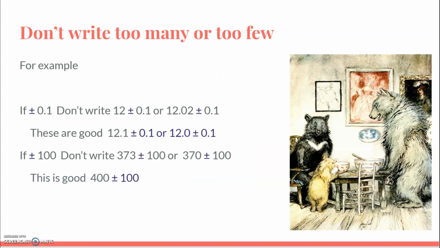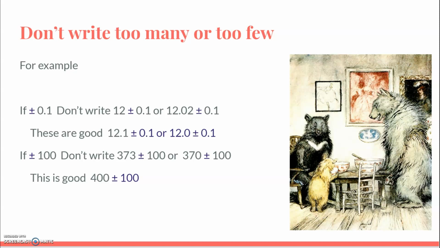We also know that we're not supposed to write too many or too few digits. For example, if the measurement really is plus or minus a tenth, like that last ruler, we don't write 12 plus or minus 0.1 or 12.02 plus or minus 0.1. One is too few and one is too many digits.